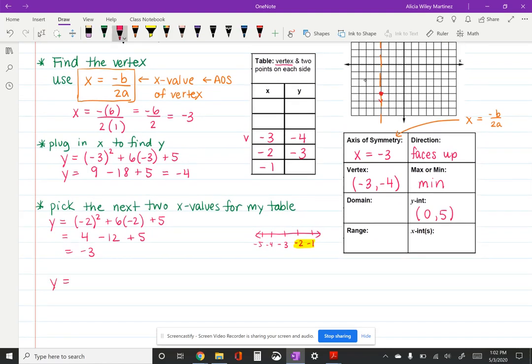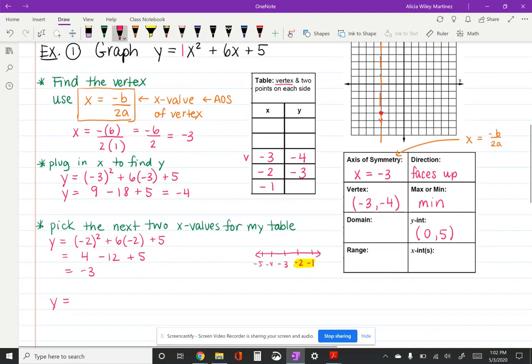Plugging in -1, I'm going to have -1 squared plus 6 times -1 plus 5. Simplifying exponents first and then multiplying, I get 1 minus 6 plus 5. Simplifying that, I actually get 0.